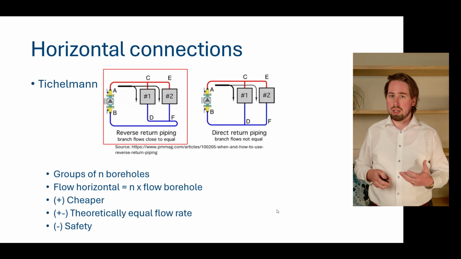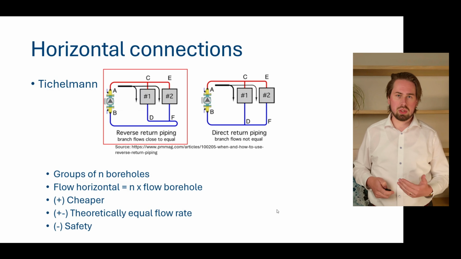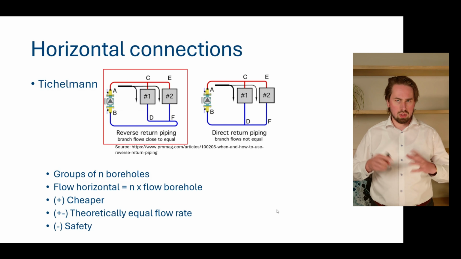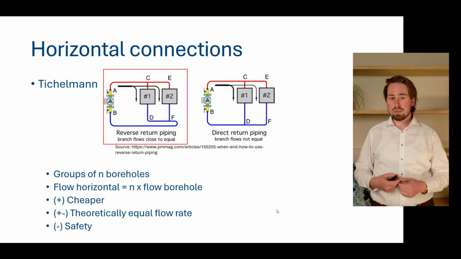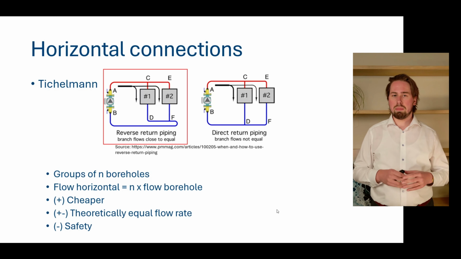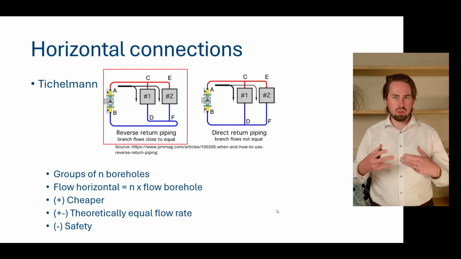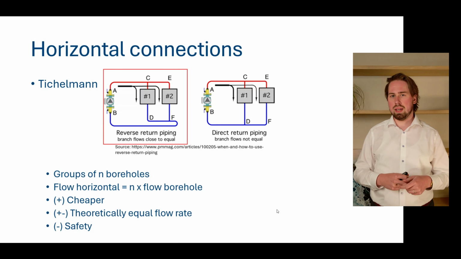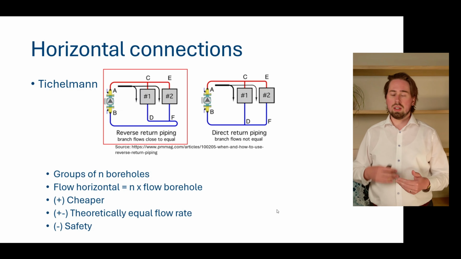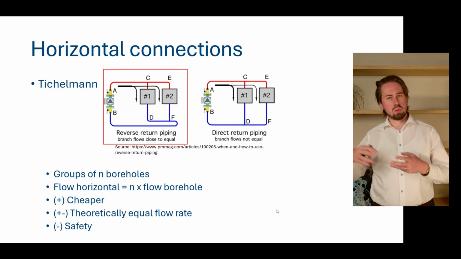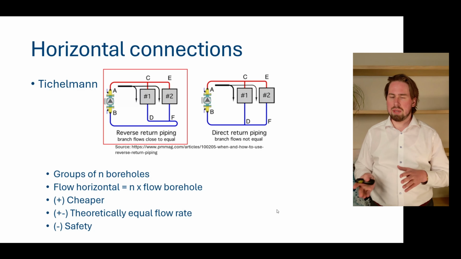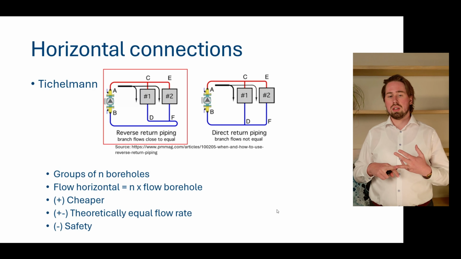So for this Tickelman connection, which is very often used in geothermal bore field design and in the whole of HVAC engineering, our flow in the horizontal pipe is still the same. It's the number of boreholes in each group multiplied by the flow through each borehole. It's a little bit more expensive than the parallel connection because we need some more piping, but it's cheaper than the direct connection.